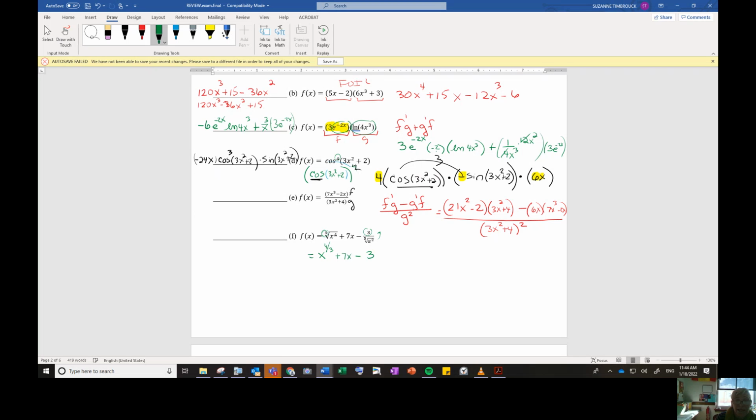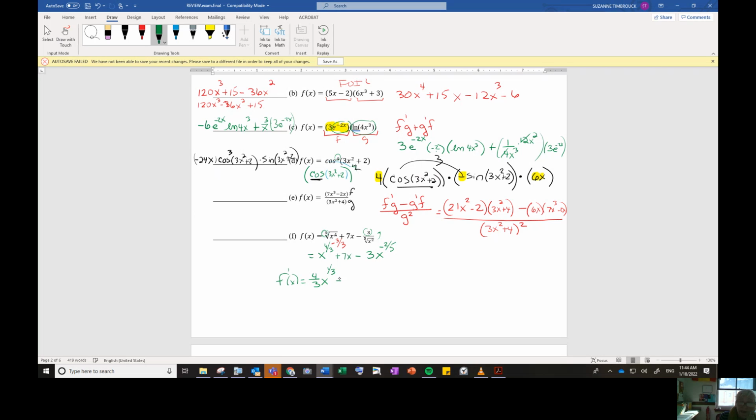So 3 is already on top, and now I'm going to move x to the negative 2/5. Put it in this form so that you can use the power rule. Bring the exponent out in front, 4/3, keep the base, subtract 1 from the exponent. So I'm subtracting 3/3. 4/3 minus 3/3 is 1/3.